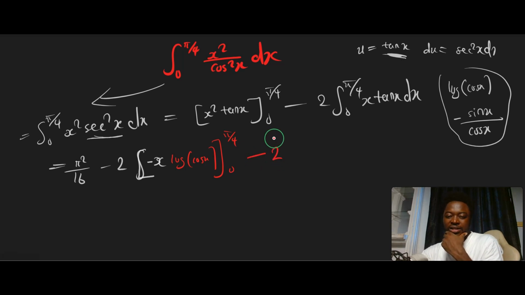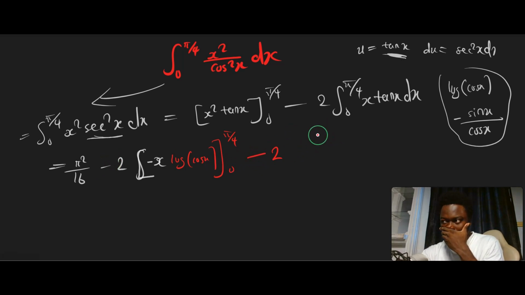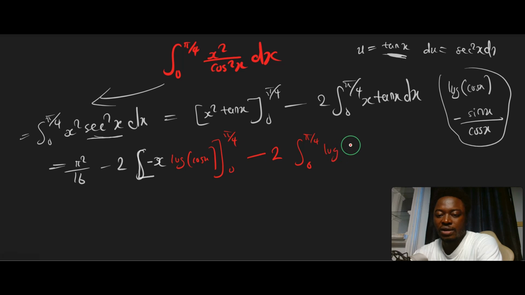The reason we're subtracting this is that this minus here would cancel out the minus from the integration by parts. So we get the integral from 0 to pi over 4 of the logarithm of cosine of x dx.